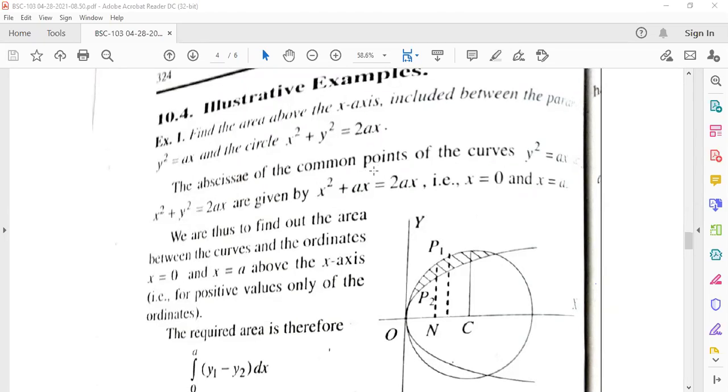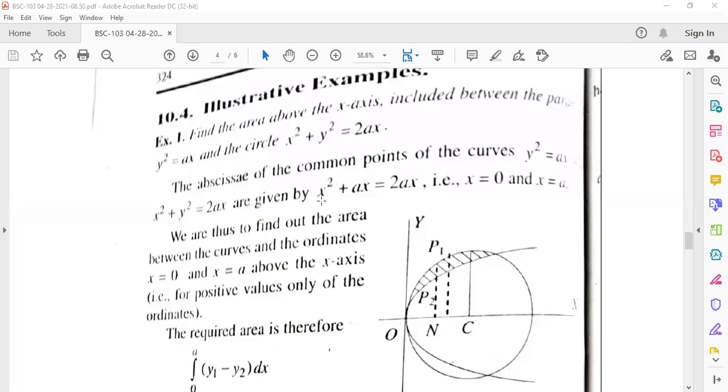Now the abscissa of the common point of the curves y square equal to x and x square plus y square equal to 2x are given by x square plus x equal to 2x. If we put the value of y square equal to x, from this one, the value of y square is equal to 2x minus x square. So that minus x square is coming here.